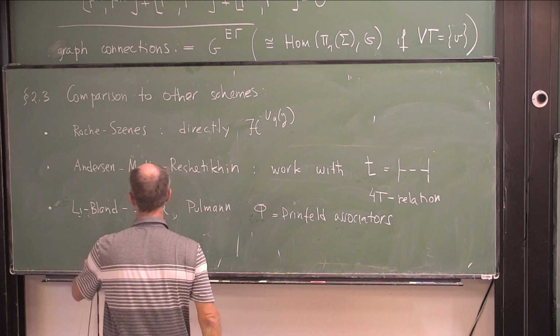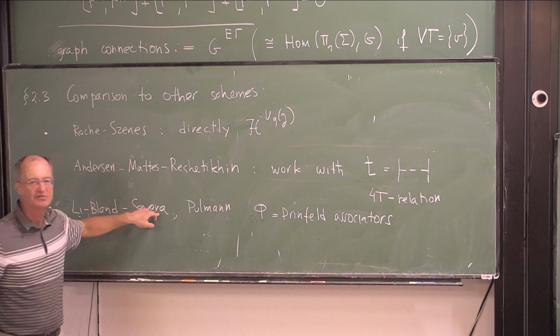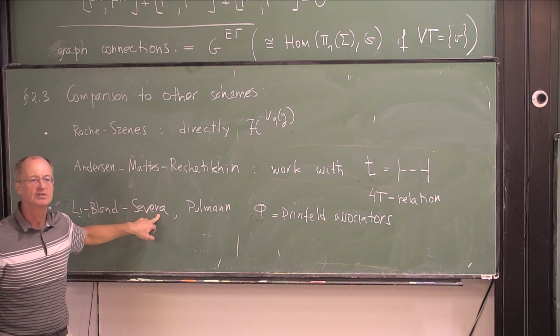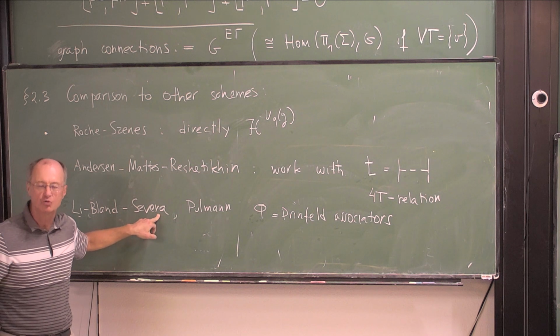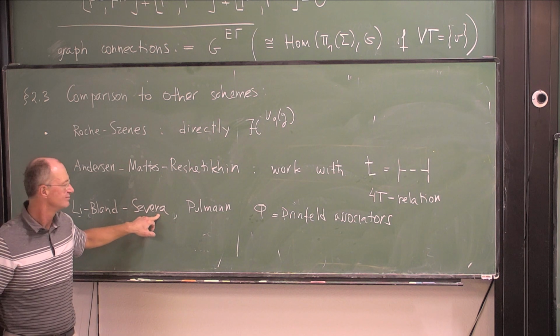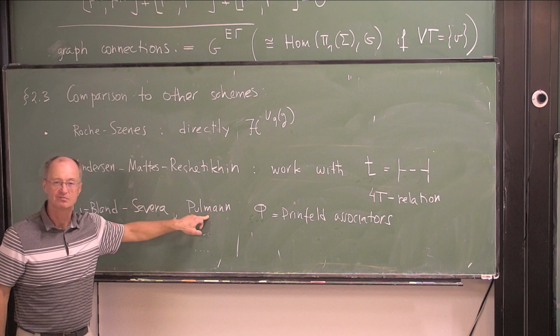Okay, here I cannot judge. I think Leibland and Severa also encountered some choices that they couldn't fight with. And recently Pullman solved it.